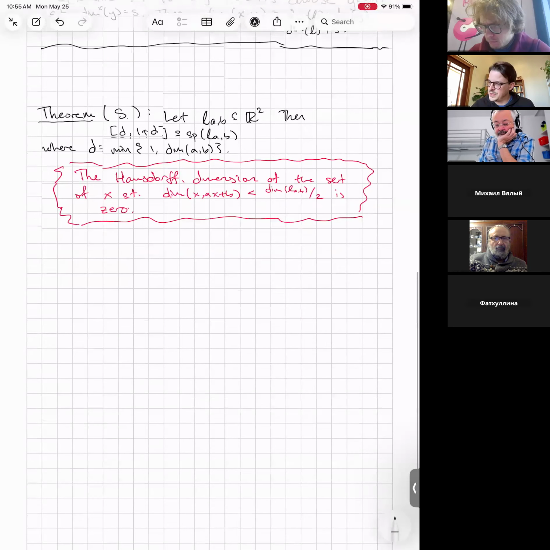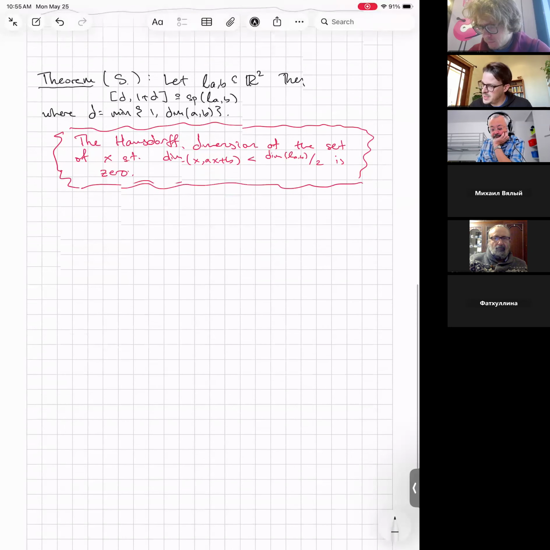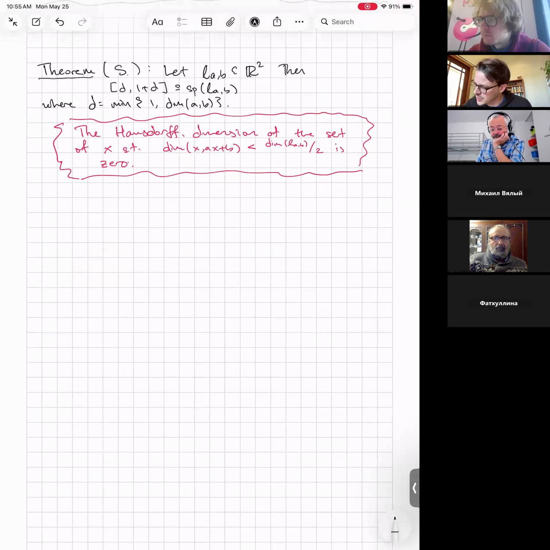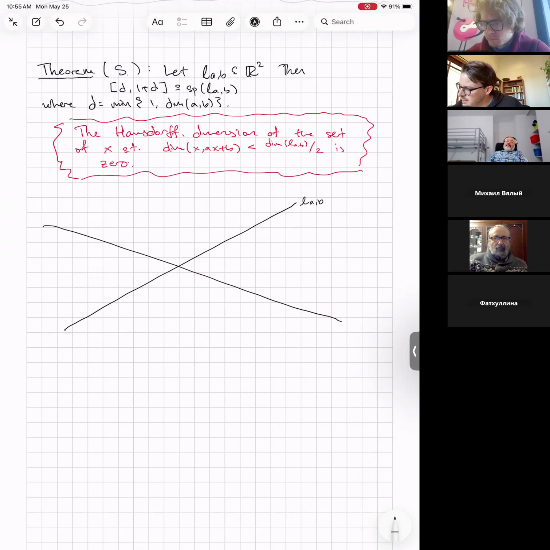The first part is a purely geometric lemma, which I'll then rephrase in terms of Kolmogorov complexity. But maybe the picture is the best way to start. Let's say I have two lines. This is L_{a,b}, this is L_{u,v}.